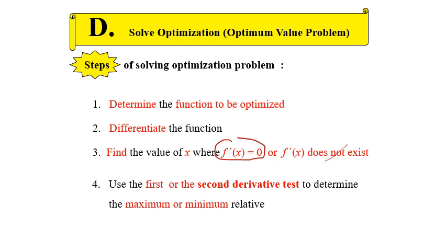And then number 4, use the first or the second derivative test to determine the relative maximum or minimum. Usually for optimization cases, we'll use the second derivative. The first derivative is usually for the graph of a function.